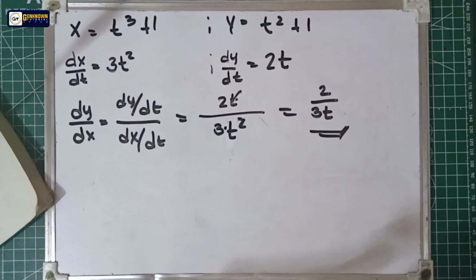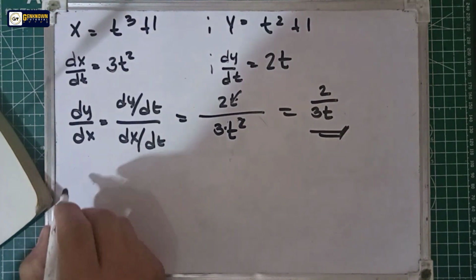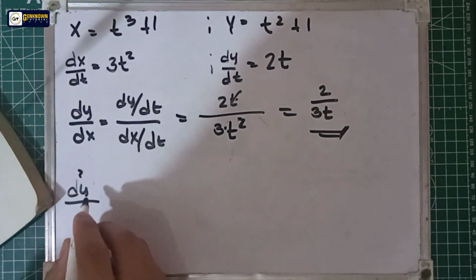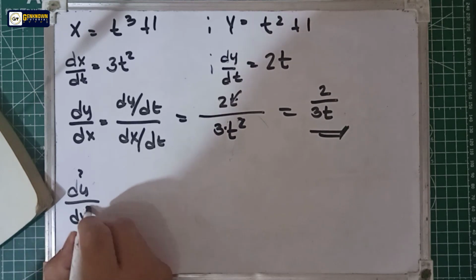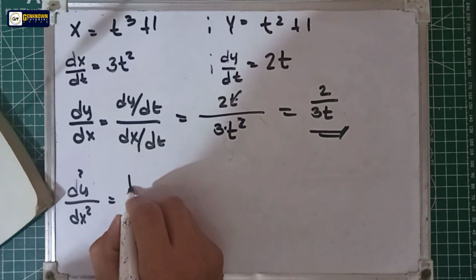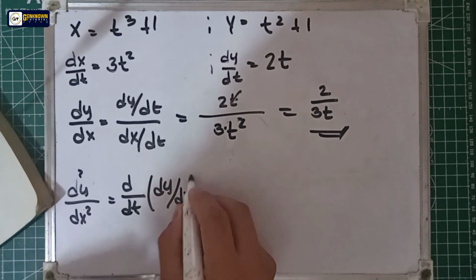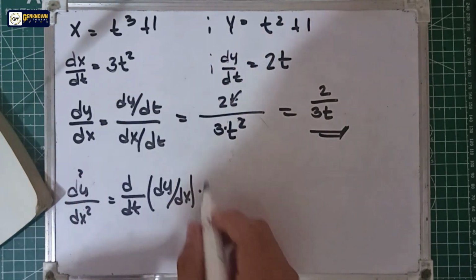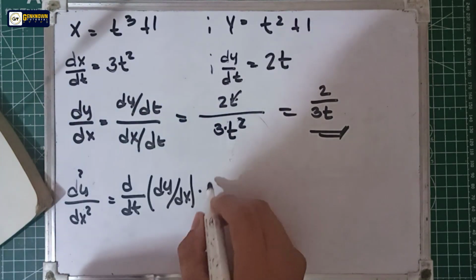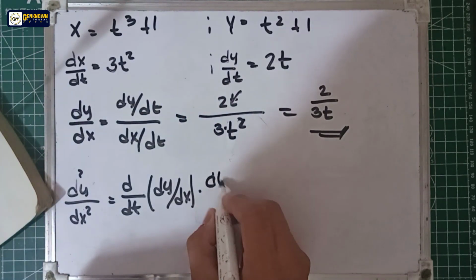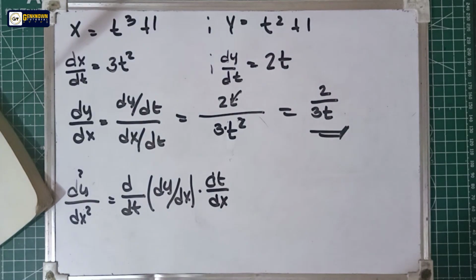Okay, for the second derivative in parametric form, we have d squared y over dx squared equal to the derivative with respect to t of dy over dx, multiplied by the inverse of dx over dt, or it is expressed as dt over dx.